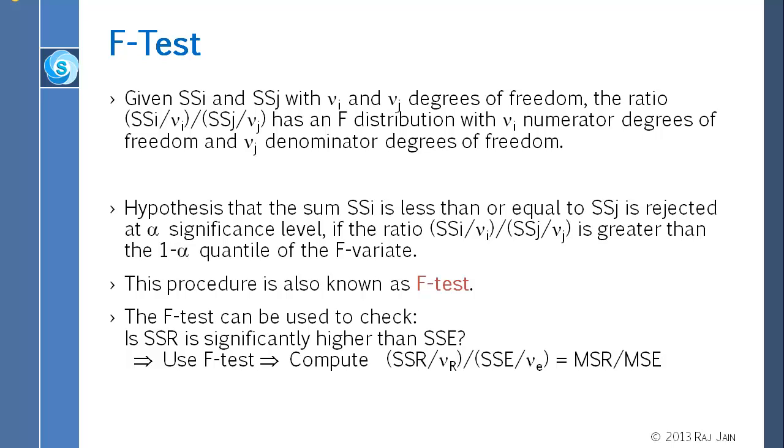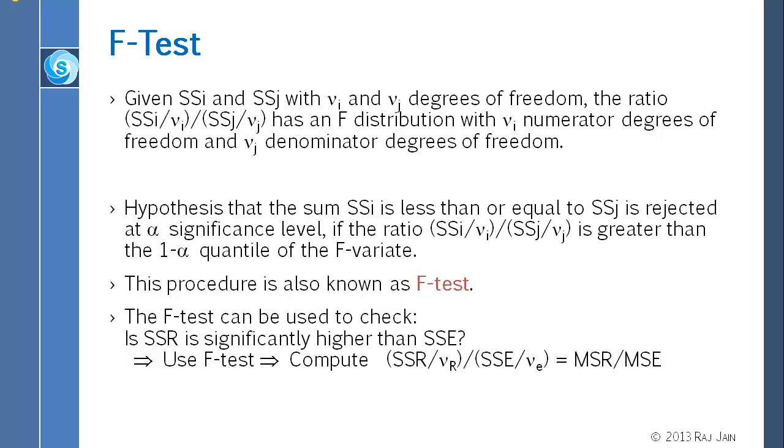So when we start taking the ratio of these sums of squares, suppose I divide SSE by SSY or something, or SSR by SSY, that ratio will have a distribution which is F distribution. So now let's talk about that.